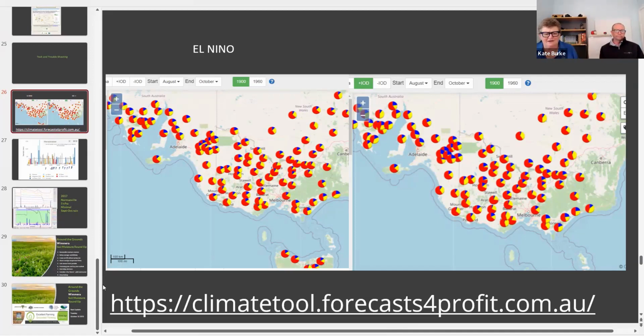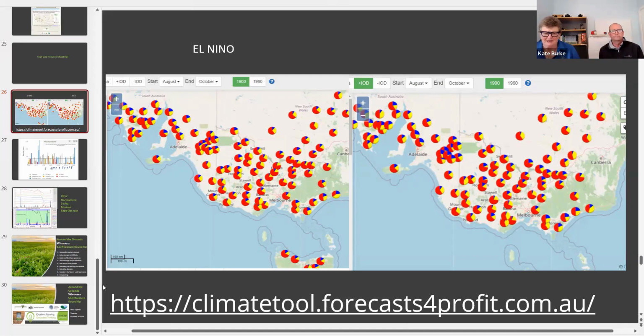When we have an El Nino situation, like we've finally been declared now, and when we have an IOD positive situation, these chocolate wheel graphs are essentially telling us that the odds of having a season in the driest third are higher than normal.